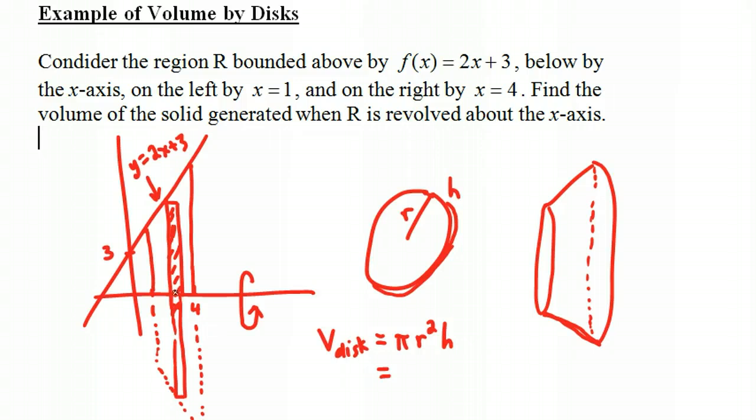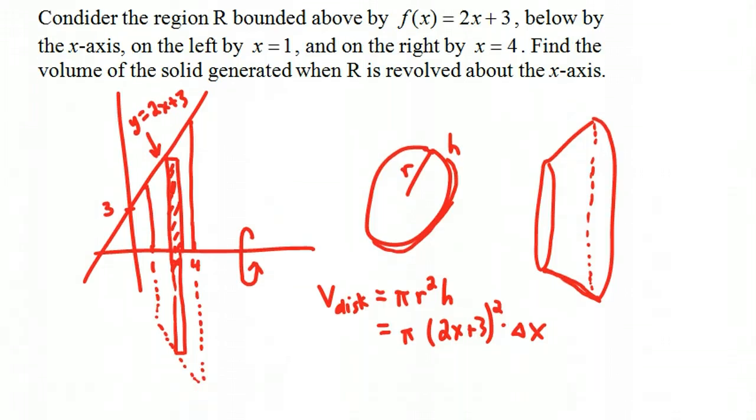For this particular x value, the radius is this length right here, the height of the function. It's the function value, f of x, or 2x plus 3. So we have pi times (2x plus 3) squared times delta x, because h is delta x. That's just the volume of that one little disk.